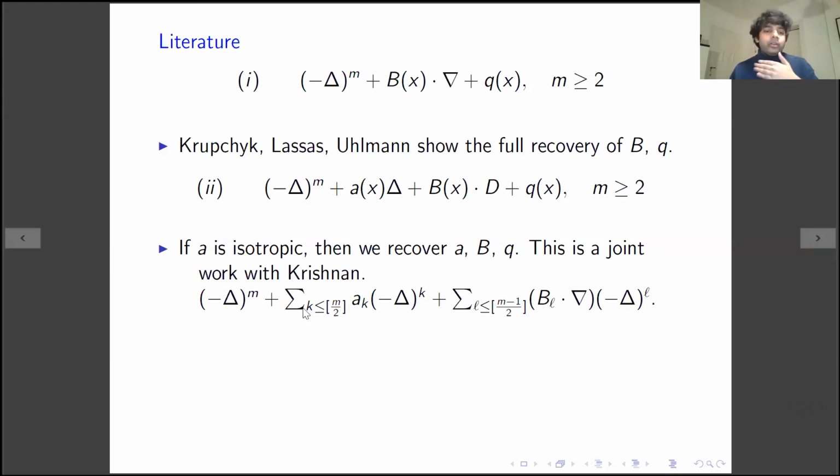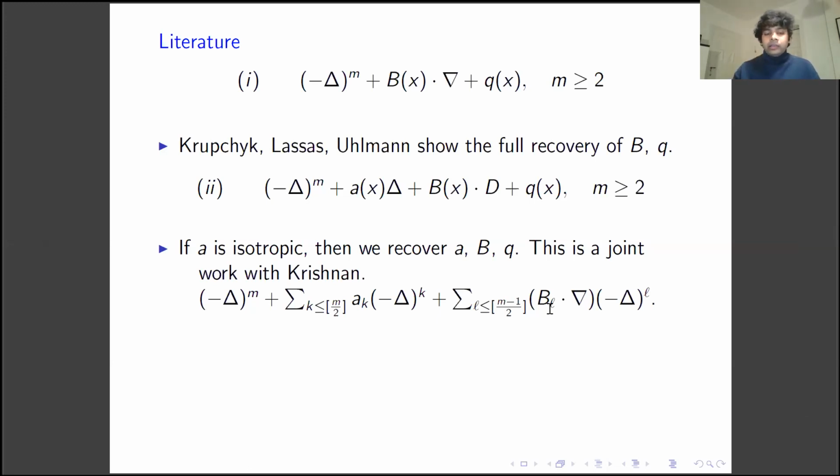So if it is 8, you can go up to 4. But the thing is that you can recover the lower order coefficients, provided they are in the form of either scalar functions or vector functions. That means the question of really having a second order tensor is not given here. It's not included here.